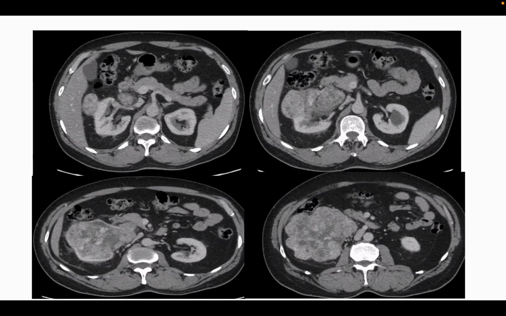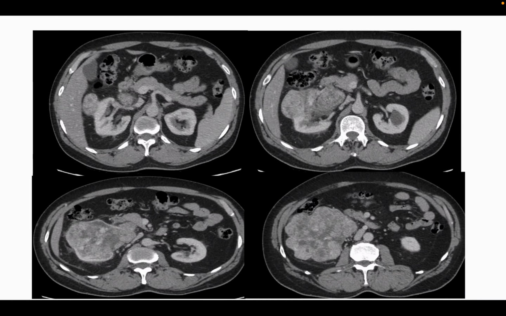These are the nephrographic images where the renal parenchyma appears to be normally enhanced in the left kidney. In the right kidney as well, here in the first top left image, we can make out some enhancement of the renal parenchyma and its architecture.